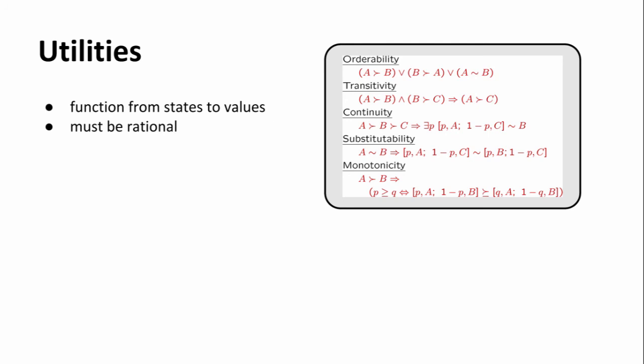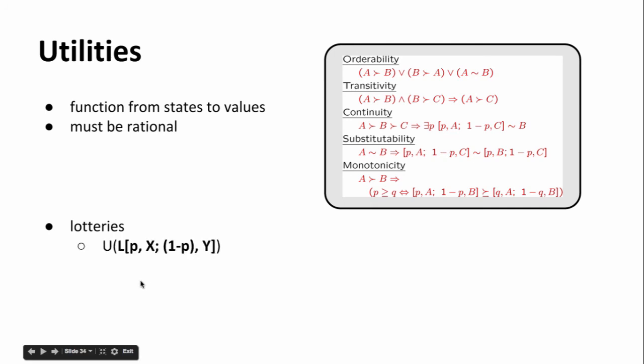But I did want to cover how utilities work for lotteries. So let's look at a basic example. For this lottery here, what this means is we have a probability P of getting outcome X, and then a probability 1 minus P of getting outcome Y. So how do we take the utility of a lottery like this?